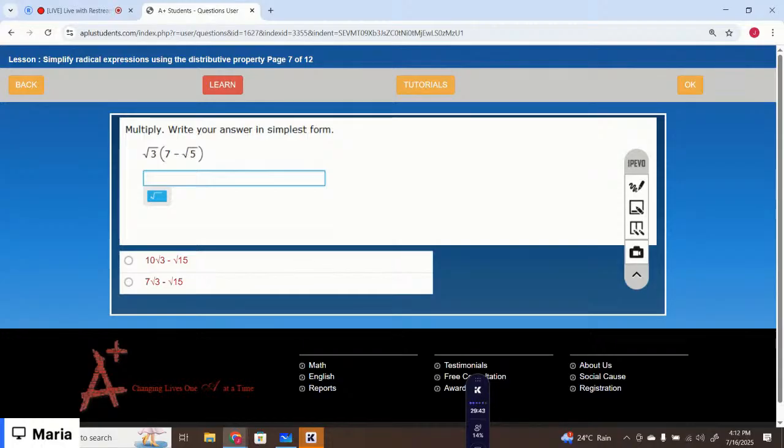Square root 3 times 7 minus square root 5.